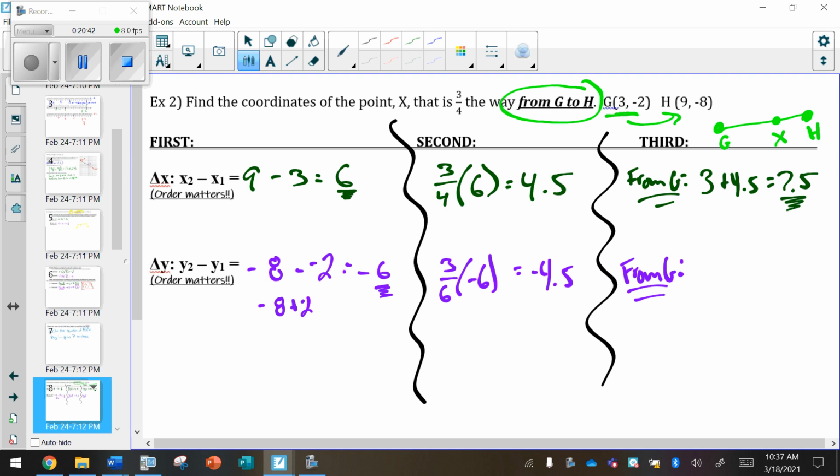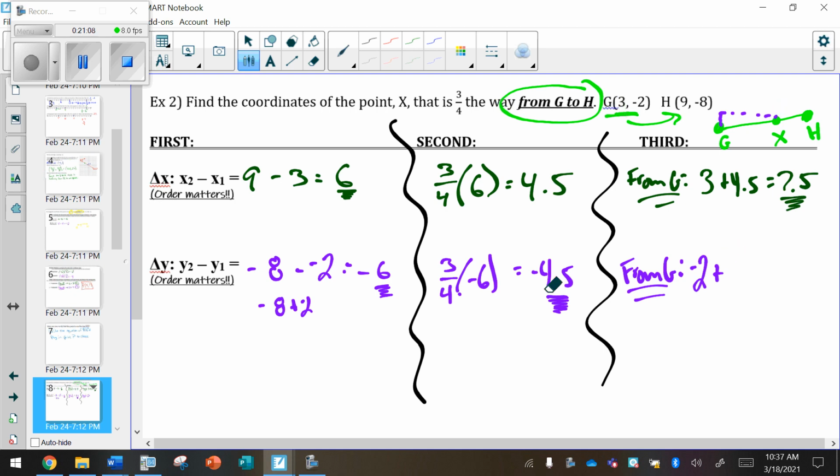I am taking the Y coordinate from point G, which is -2, and adding the distance 3/4. And I'm going too fast. Eraser, please. Thank you. I am adding 3/4 of that distance back onto point G, so I can go 3/4 of the distance from G towards H to figure out where X is.